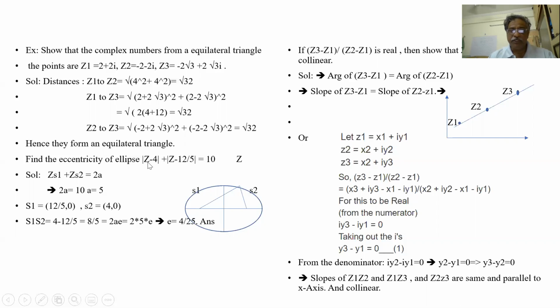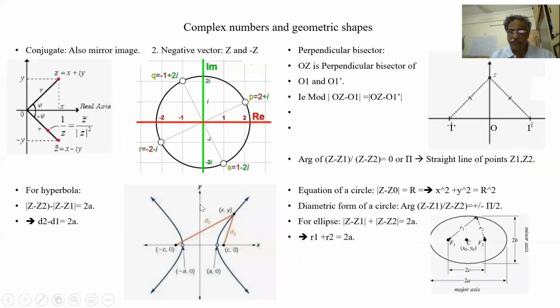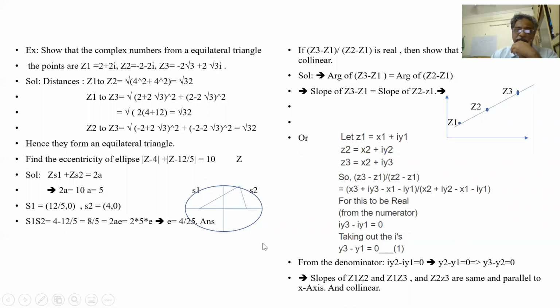Here it is mod z minus z1 plus mod z minus z2 is equal to 2a, where z is the general point. So the same format is given. So here z1 is equal to 4, 0, z2 is 12 by 5, 0, these are s1 and s2. So 2a is 10, a is equal to 5.